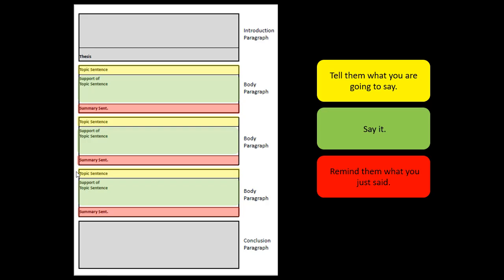You give examples, you give explanation, you clarify, you support. And then the summary sentence is where you remind them of what that paragraph just contained. And you just keep repeating that pattern with each body paragraph. So you go from those 3 moves at the big level to those 3 moves in each body paragraph that you have.